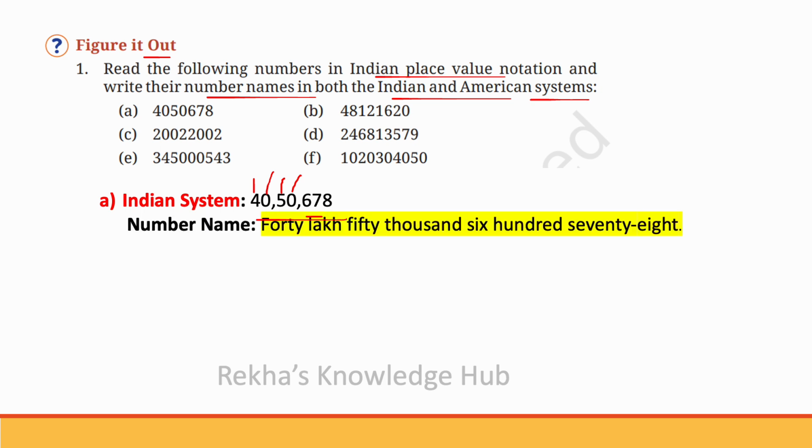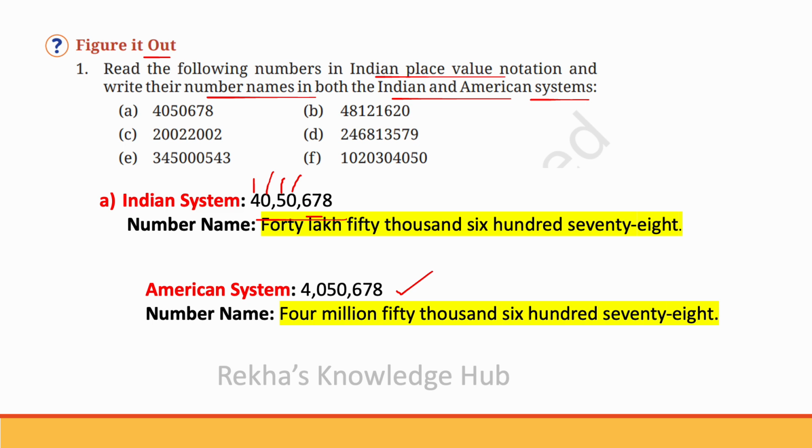So it is 40 lakh 50,678. In American system, you put commas after every 3 digits, like this: 4,050,678.